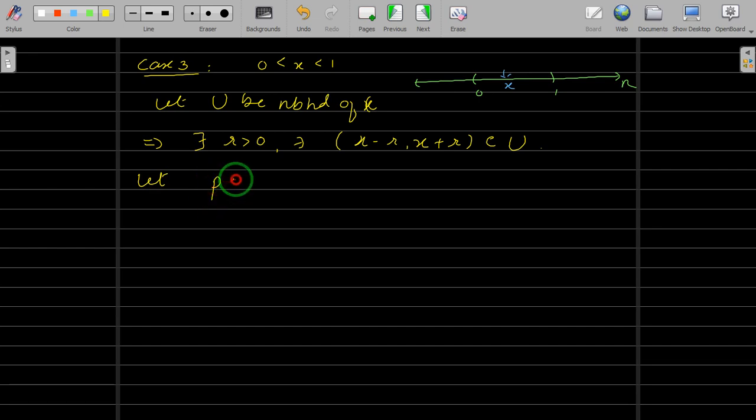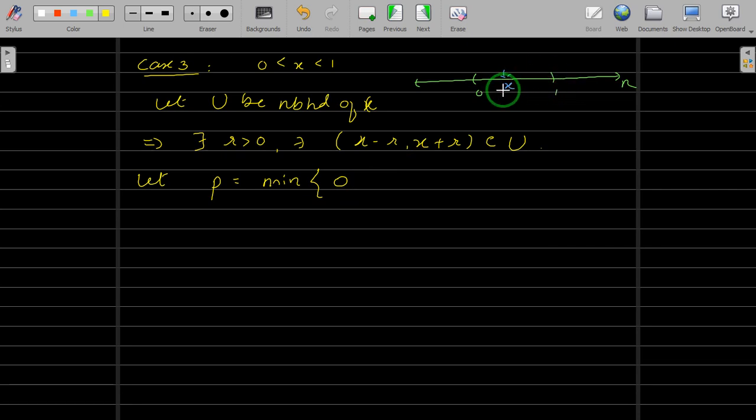Now let us take, say, P is equal to minimum of... No, how should I take? I want the minimum distance. So the minimum distance of this may be very close to here, or this may be very close to here. So we cannot take that directly.